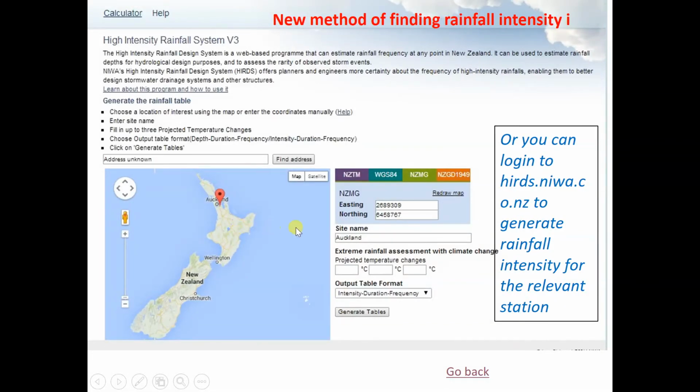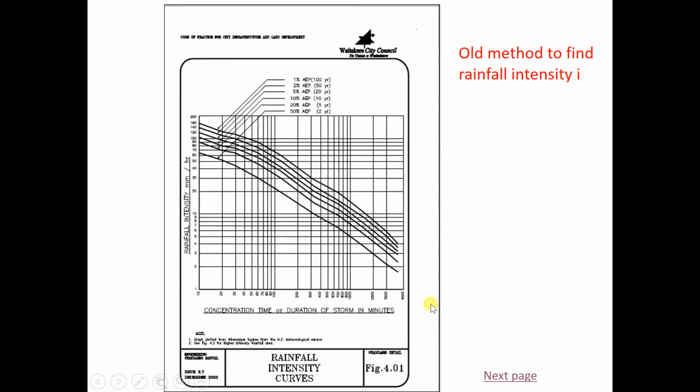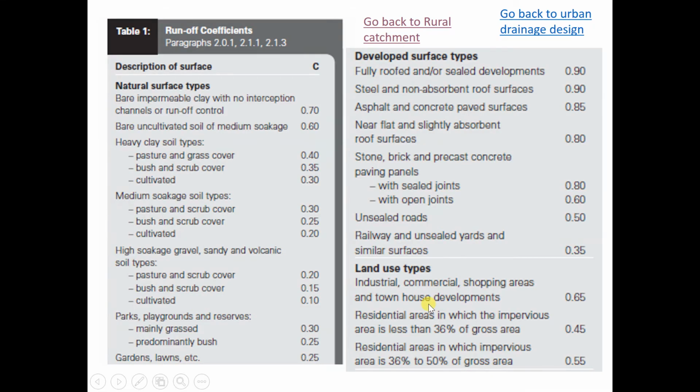You zoom out, click the area, and automatically they'll give you the easting northing. You can put the site name as well, and then you can find the rainfall duration frequency. It will give you a chart. Let me just go back.